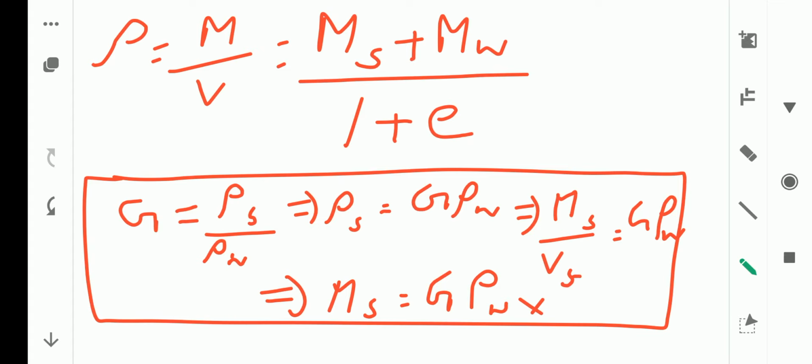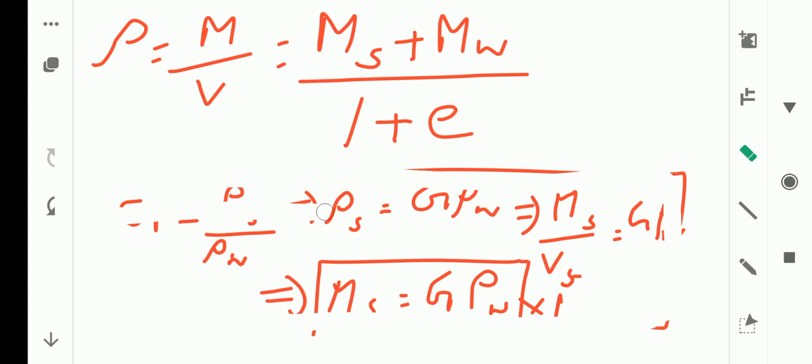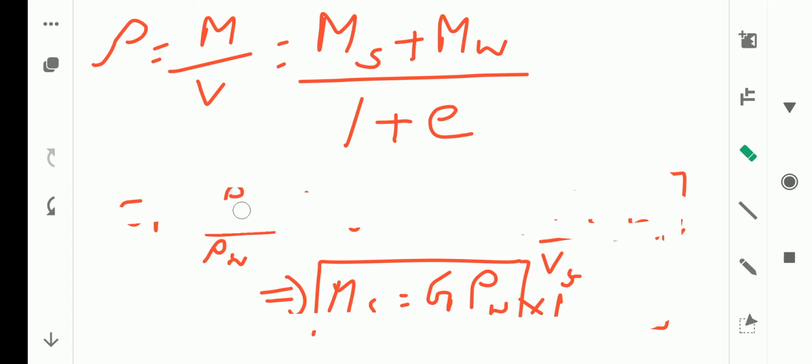We have taken it as unity, 1, and hence mass of solids can be written as G rho W. Correct? Okay, I am rubbing it. Is it okay?